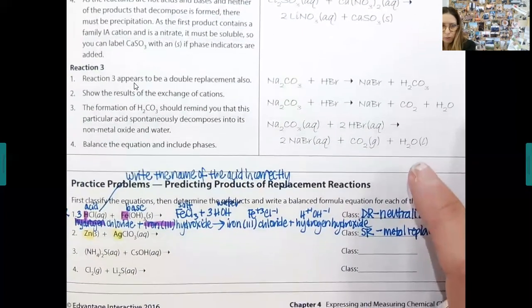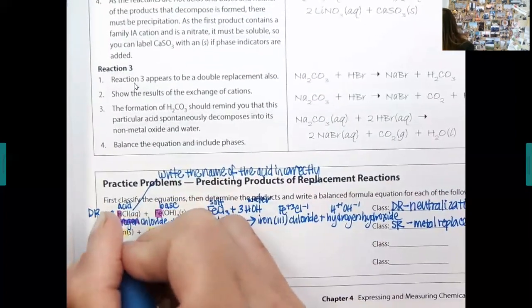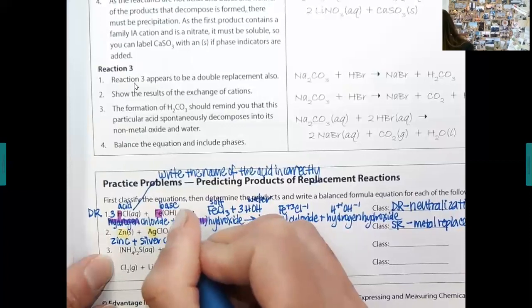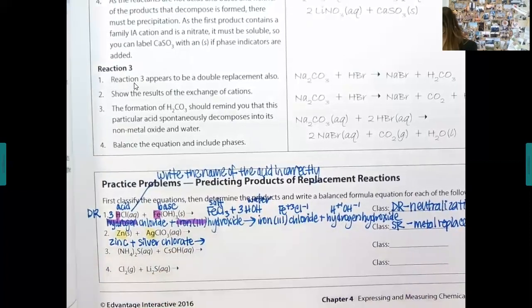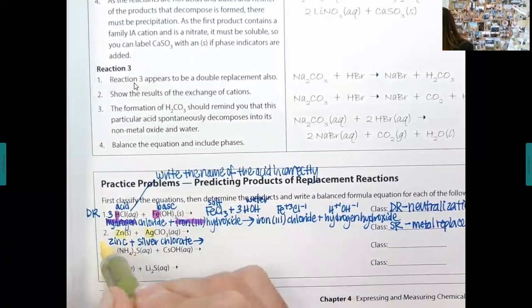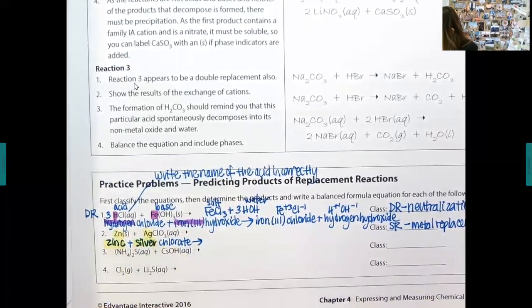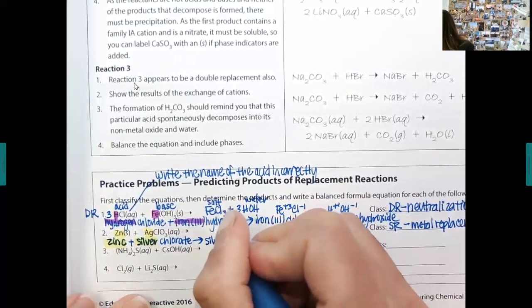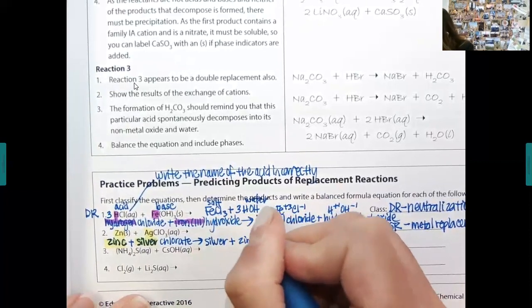So what we will do is, let's write this out in words. Zinc plus silver chlorate. I'm going to highlight the zinc and the silver because they need to switch places. And then you're going to get your silver alone plus your zinc chlorate.